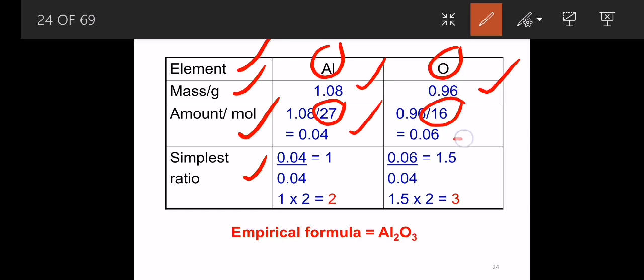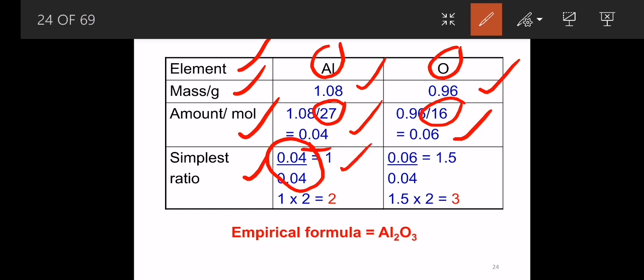You get 0.06 mole. And then the simplest ratio: divide by the lower value of mole. So 0.04 divided by 0.04, you get 1.